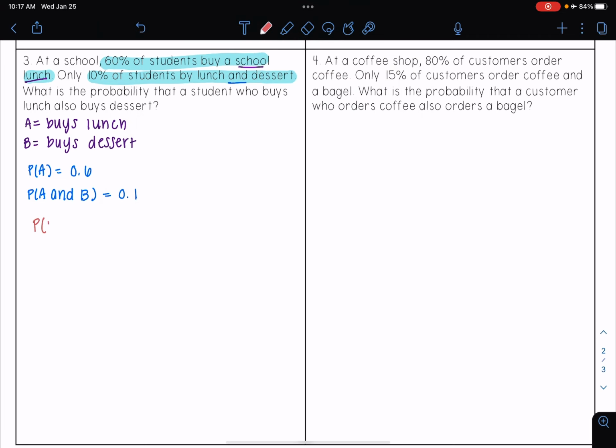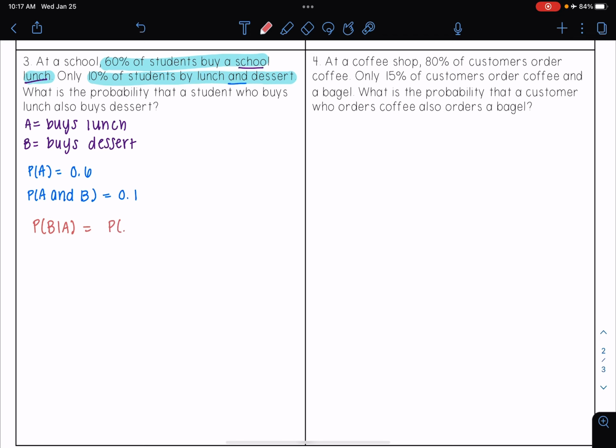The conditional probability B given A is equal to the probability of A and B divided by the probability of A. So I get 0.1 divided by 0.6, which is approximately 0.167. That means that the probability a student who buys lunch also buys dessert is about 16.7%.